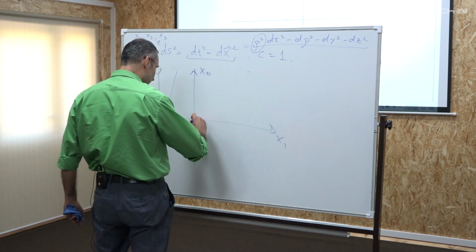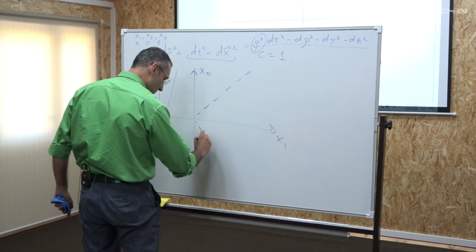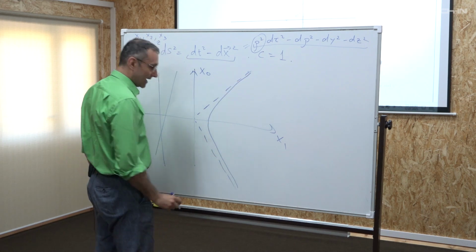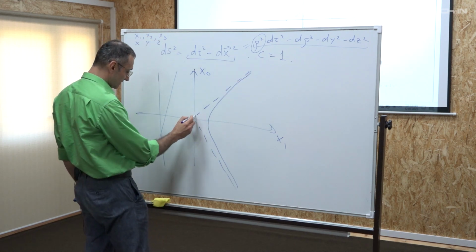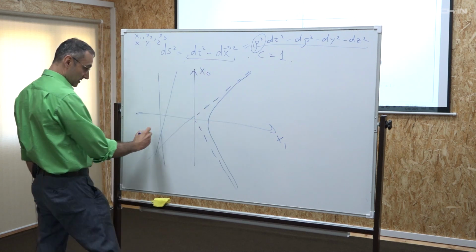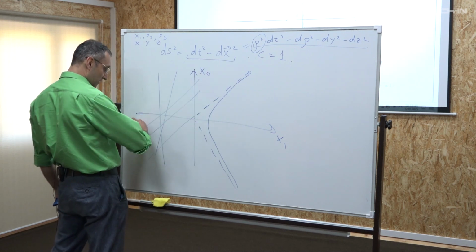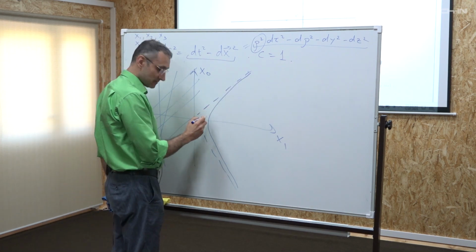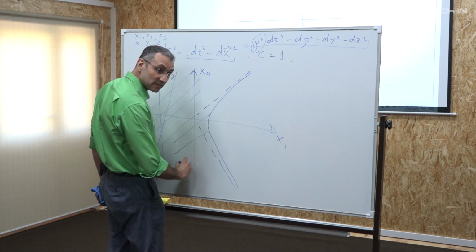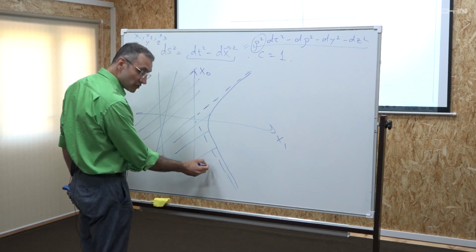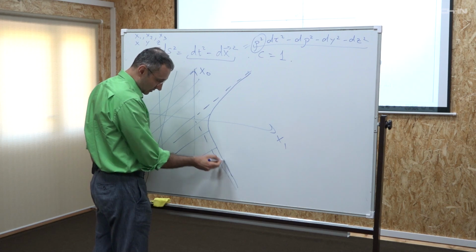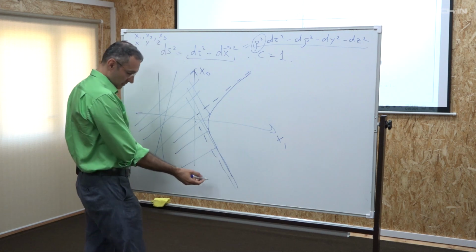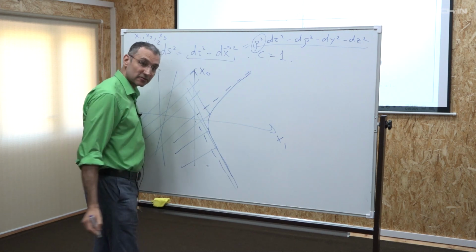Meanwhile, the accelerative observer moves along this very peculiar curve and cannot receive signals from here just because light rays are at a 45-degree angle. So they cannot catch up with this guy. Only from here you can receive signals. And to this region you cannot send signals because signals propagate at the speed of light or slower. And so you cannot send a signal to this region.